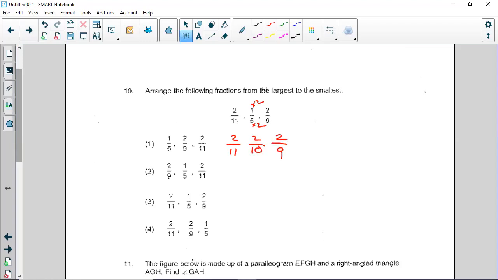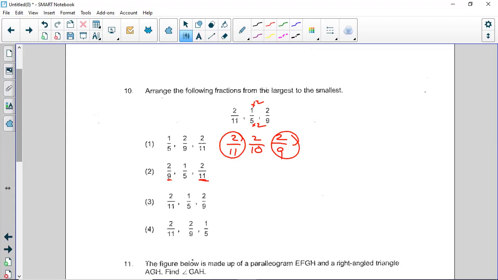So which is the biggest fraction? The biggest fraction is the one that has the smallest denominator, which is over here. This is your biggest fraction, 2 over 9. And then getting smaller, which is the smallest fraction? The smallest fraction is the one that has the biggest number of parts, which is 2 over 11.